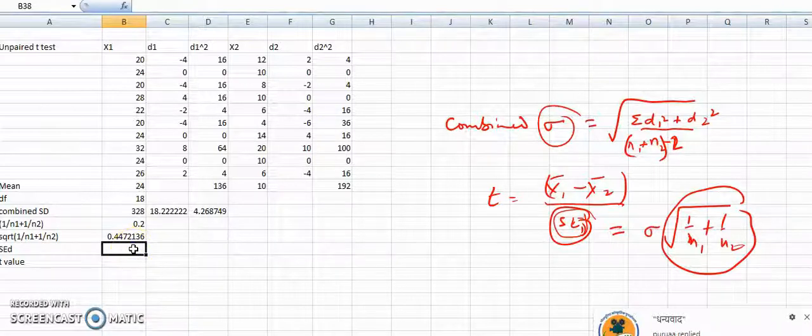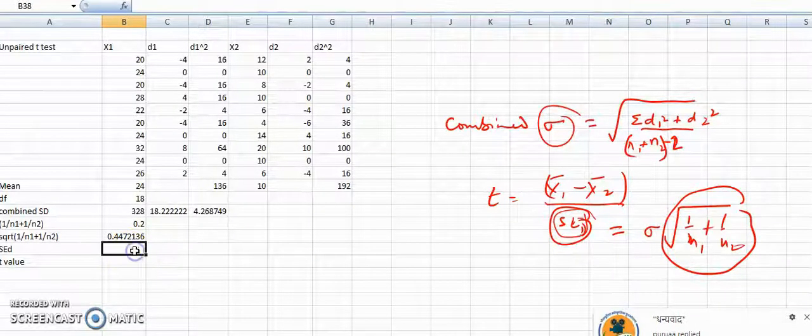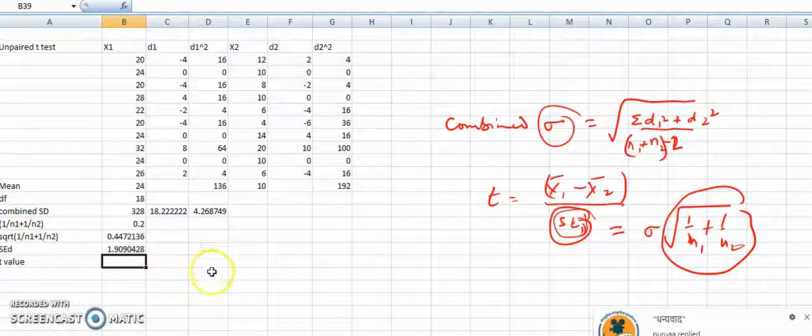So therefore the standard error of the difference of the means, the denominator, is given as the product of this with that of this one. So it is 1.909, the standard error of the difference between the two data.